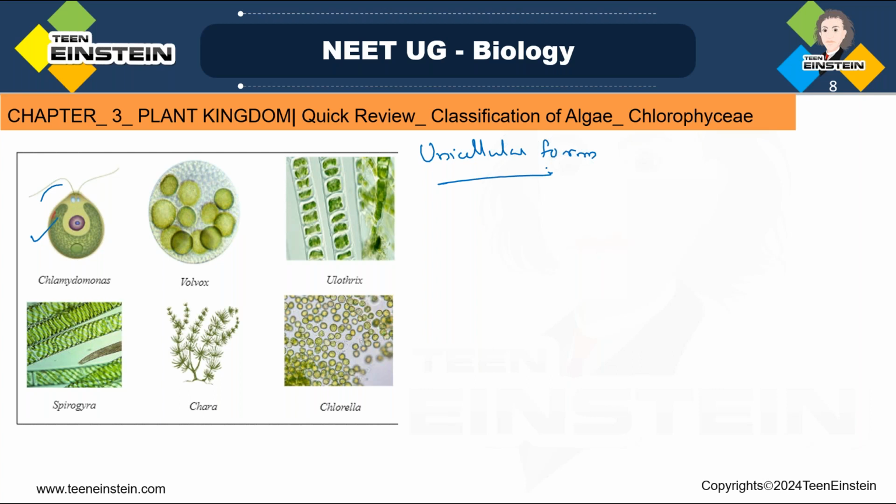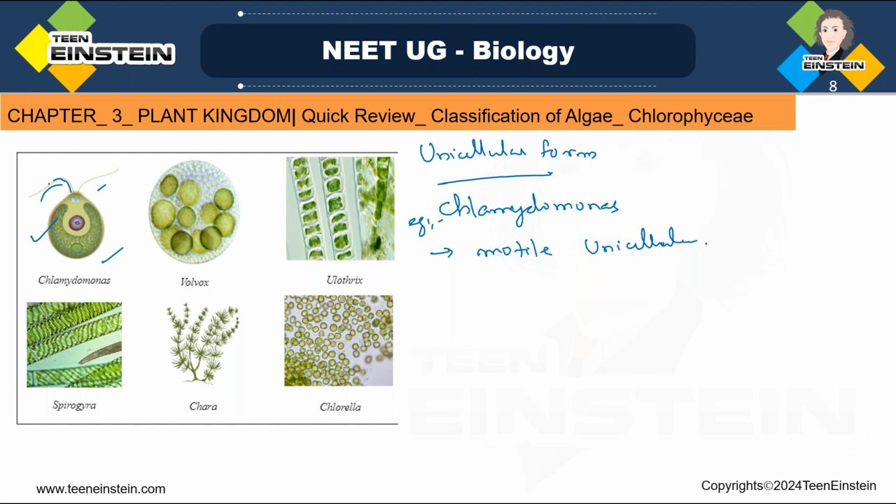Chlamydomonas is an example of a unicellular green algae, and here you can see flagella, which shows that it is a motile unicellular green algae. It moves with the help of flagella.